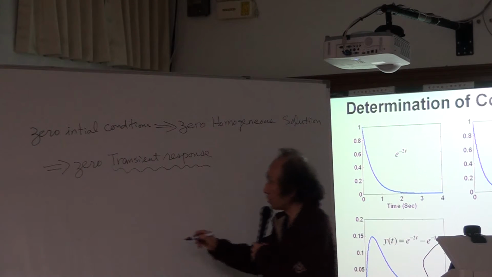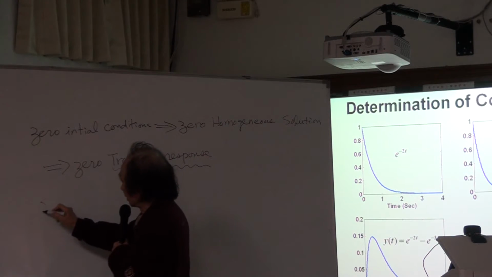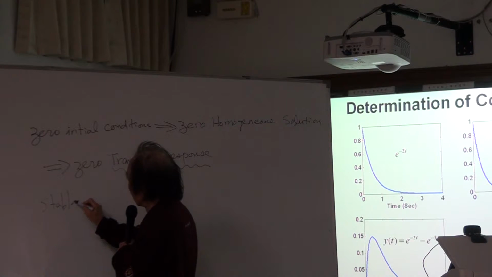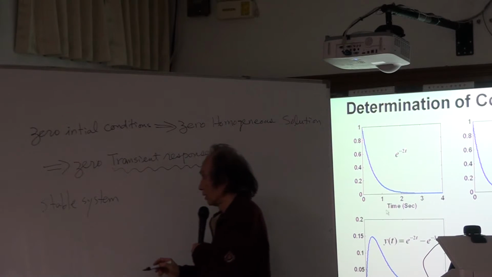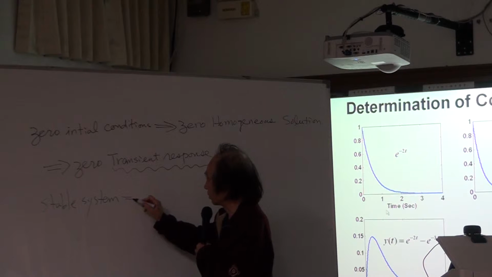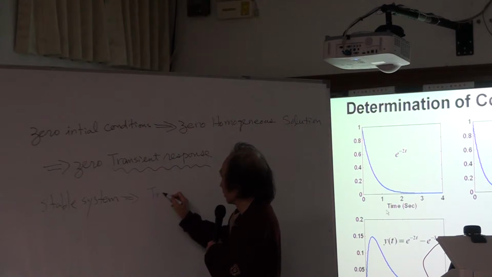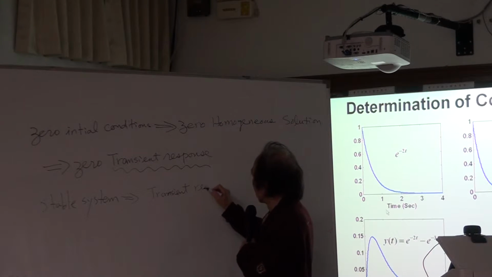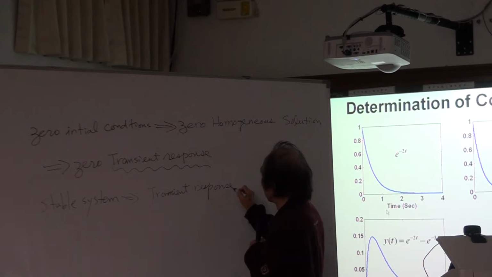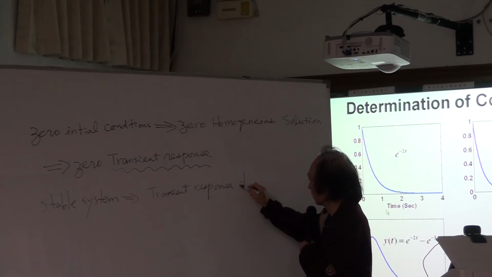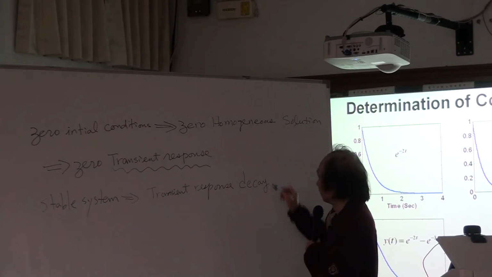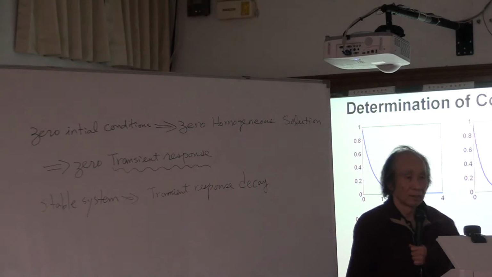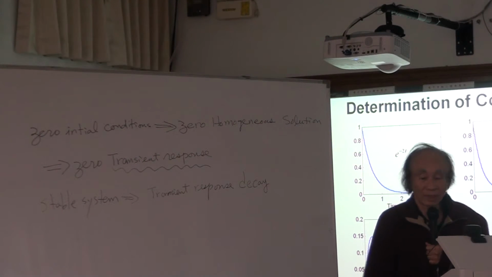Now, for a stable system, the transient response will decay, like this.